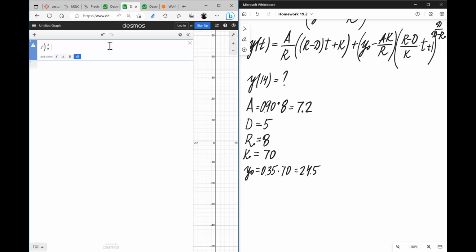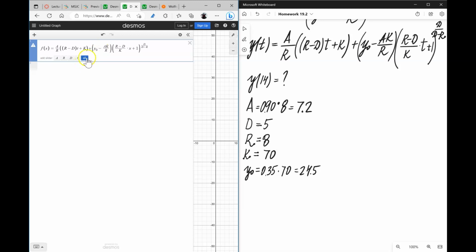Let's type, we have f of x, a over r minus d, t plus k, plus y0 minus ak over r, and we have r minus d over k times x plus 1, to the power d over d minus r.